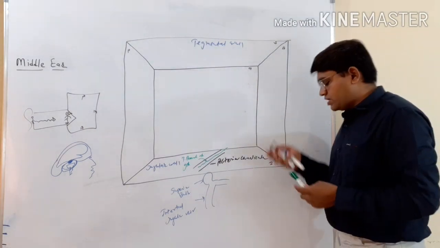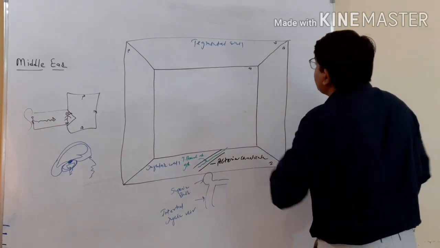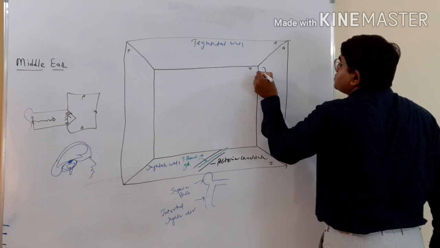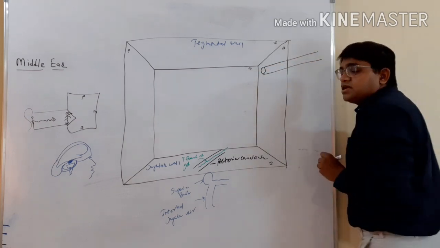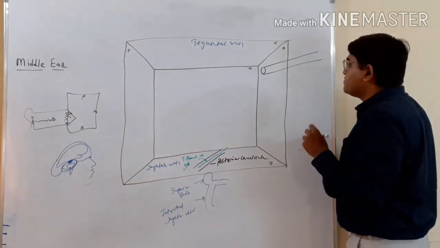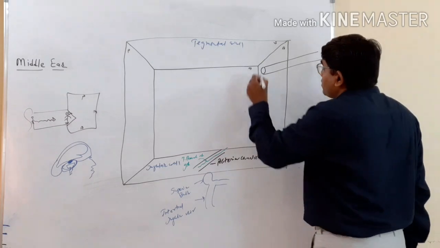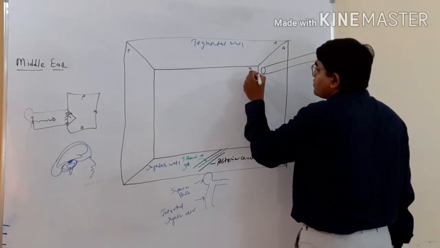Then there is the anterior surface. On its most superior part, there is one canal for the tensor tympani muscle. The tensor tympani muscle lies within this bony canal, and the canal opens on this anterior surface.